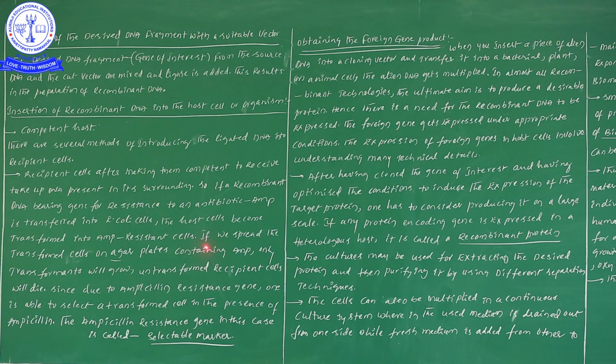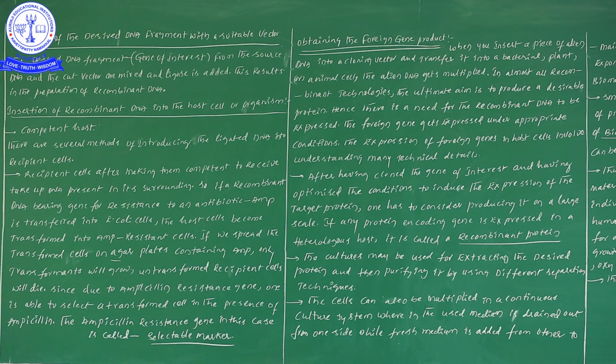So try to understand this one. If you spread the transformed cells on agar plates containing ampicillin, only transformants will grow. These host cells, E. coli cells, are the example we have taken.